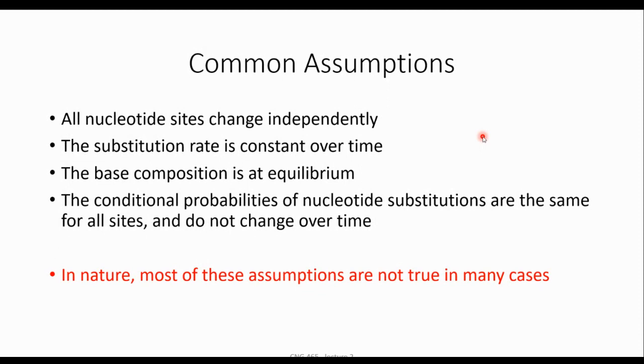And there are some common assumptions in our sequence alignment which are not totally true or even completely wrong in nature. I listed some of them for you here. We have such common assumptions, and we neglect some of the things which are in nature.